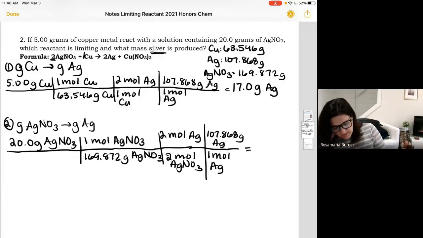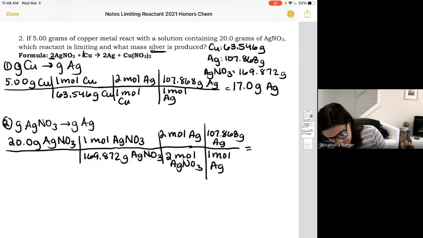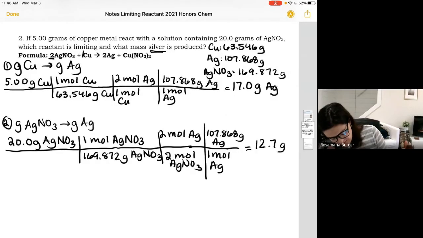So 20 divided by 169.872 times 107.868. And I get 3 sig figs. This gets me 12.7 grams of Ag.